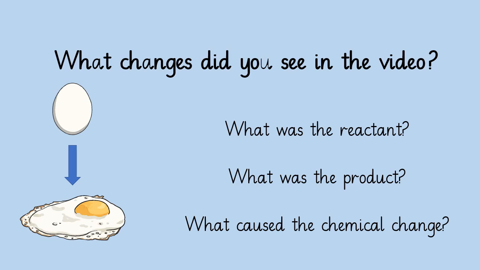It would taste different. The consistency changed from a liquid to a solid. In the cake example, the product was the cake. And we could see there was a change of colour, a change of firmness, and there would have been a change of taste. What caused these chemical changes? Well, in both our examples, it was heat energy. The reactants, when we had heat energy added, created the new product.